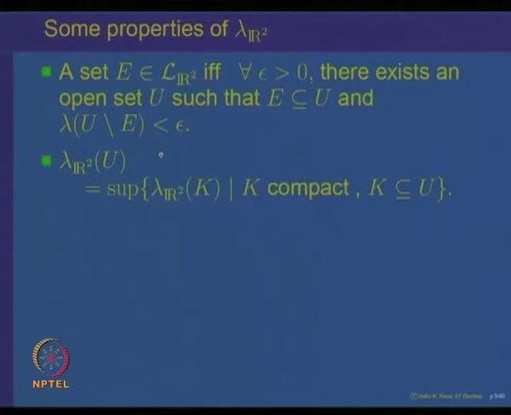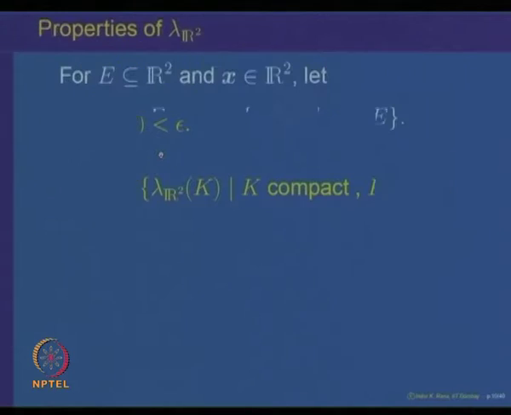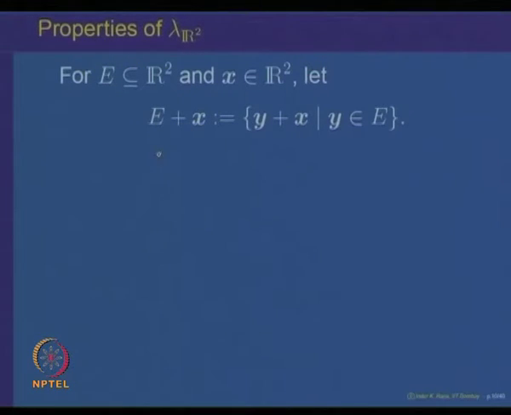The next result we want to look at is how the Lebesgue measurable sets are related with the group structure of the space R 2. Let us take a subset E of R 2 and a vector x in R 2.